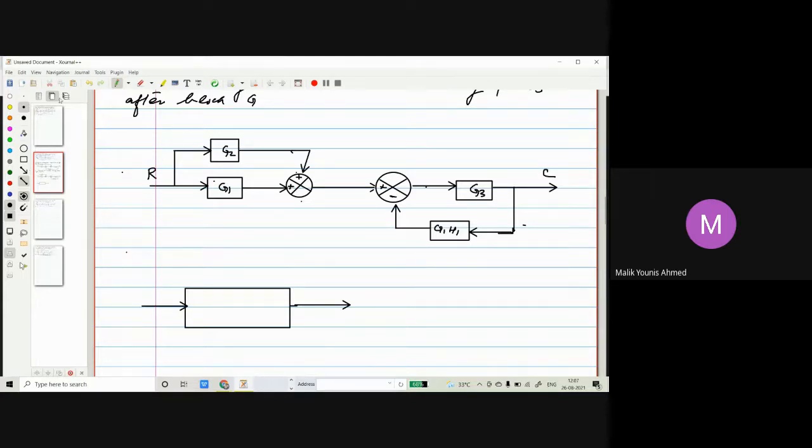So we can copy this portion. We can copy it and paste it here.